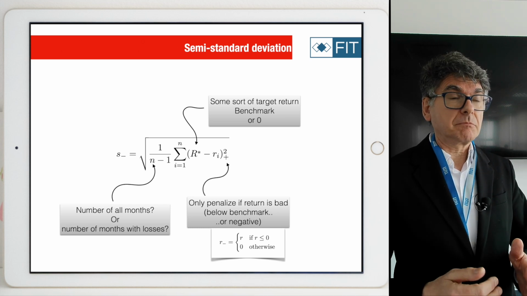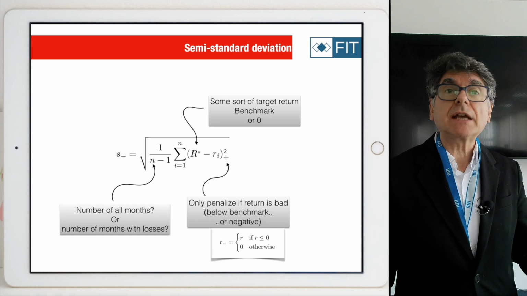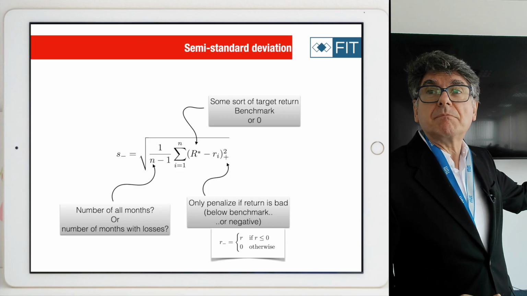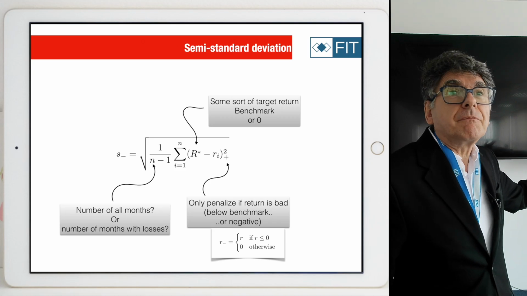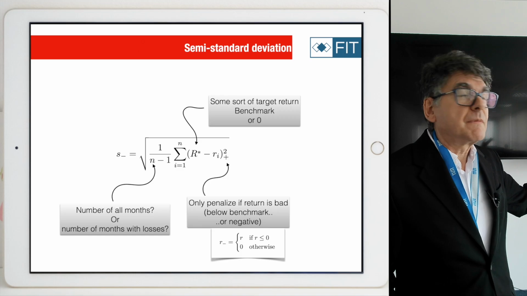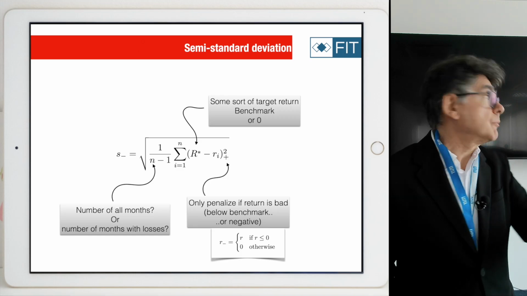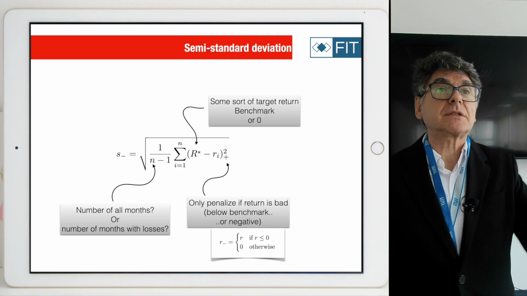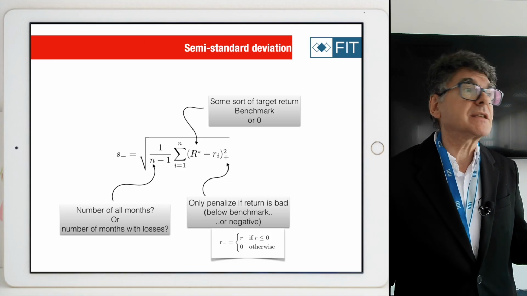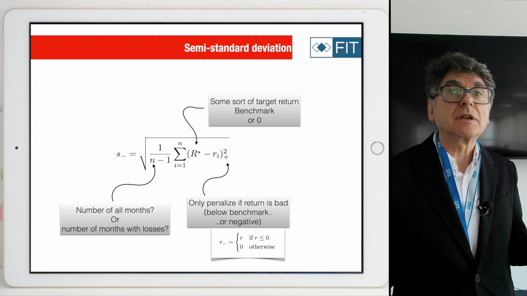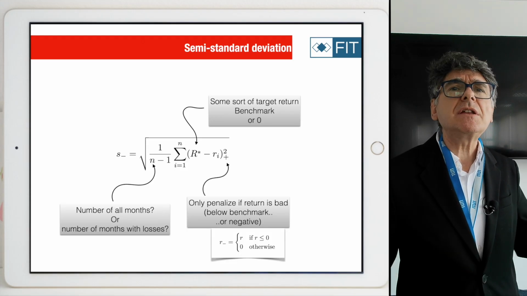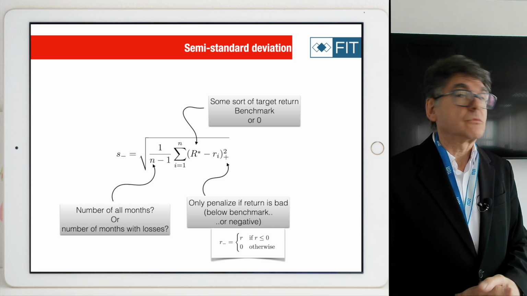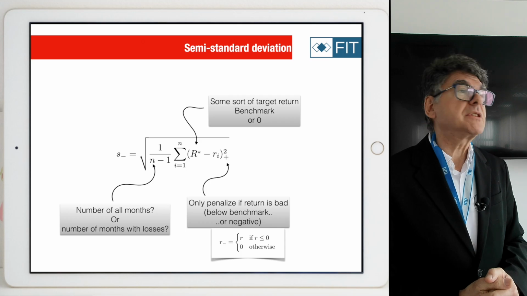Which is very interesting, because if n is the number of months which are negative, and I have an investment that loses money twice, because I have the n minus 1, it has a very high semi-standard deviation. It made money every day for the last 25 years, but it lost money twice. The semi-standard deviation is very bad.